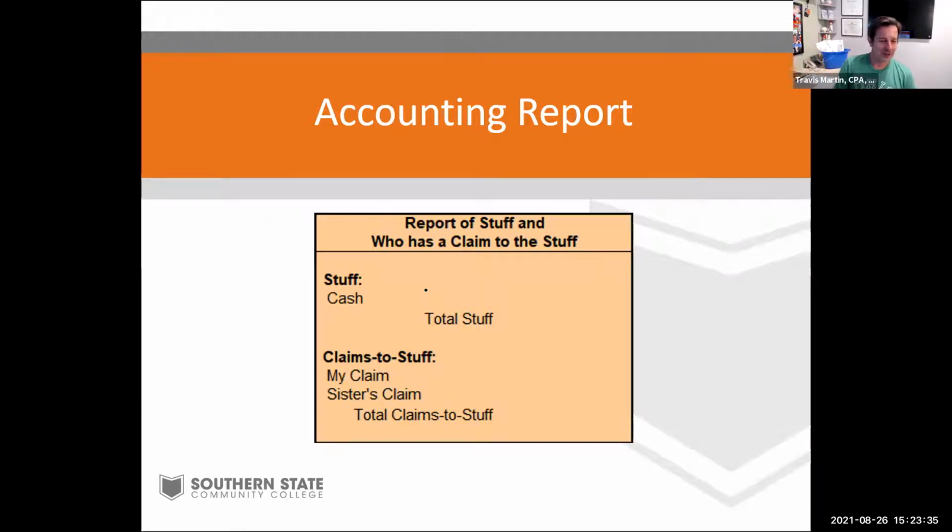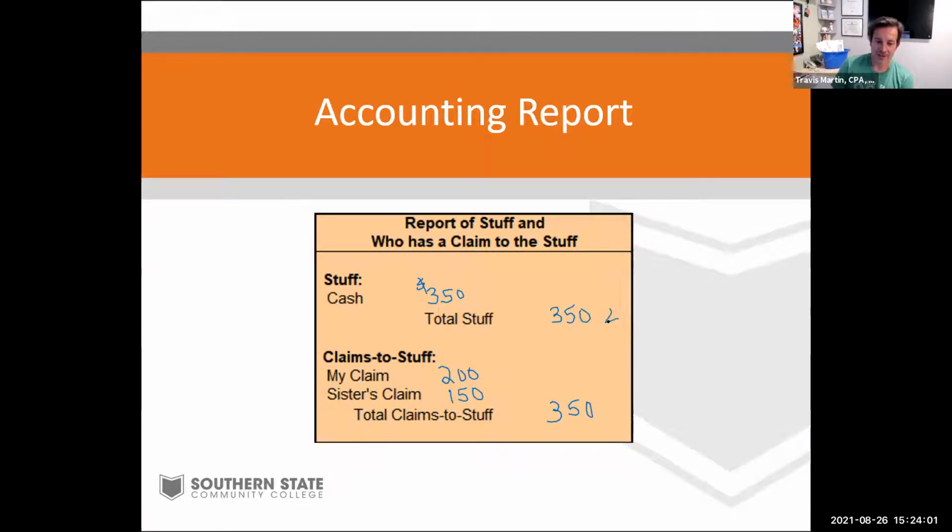We said we had 350 in cash, which is the only stuff we have. So our total stuff is 350. My claim, 200. Sister's claim, 150. So we have 350 in claims.